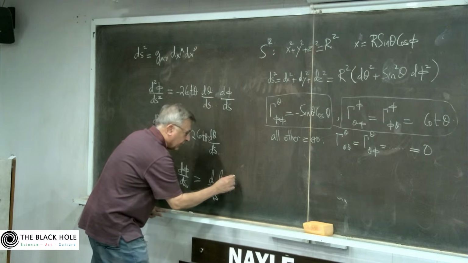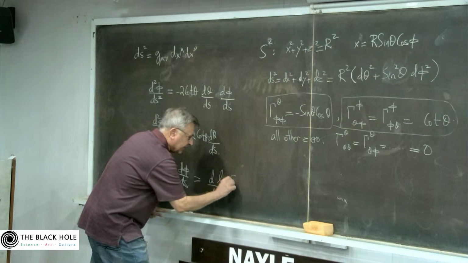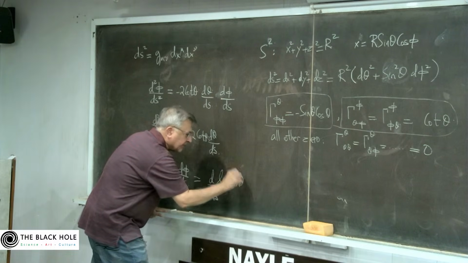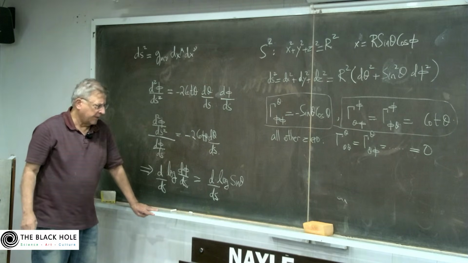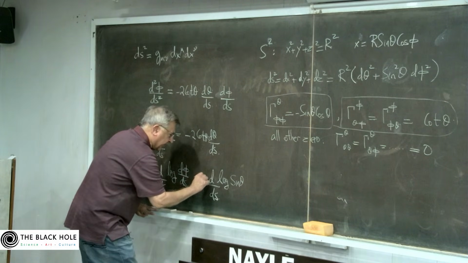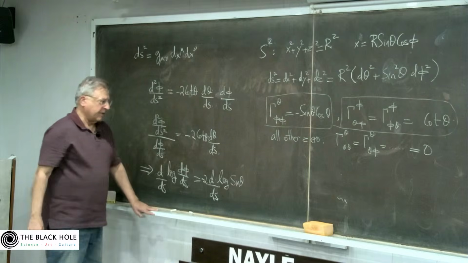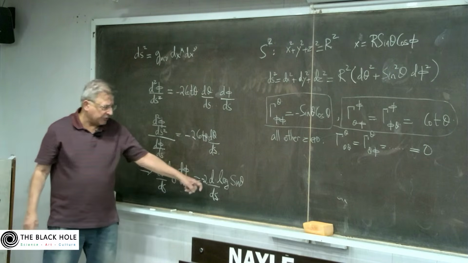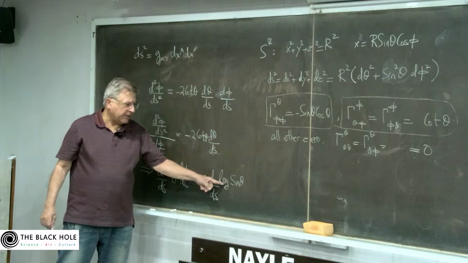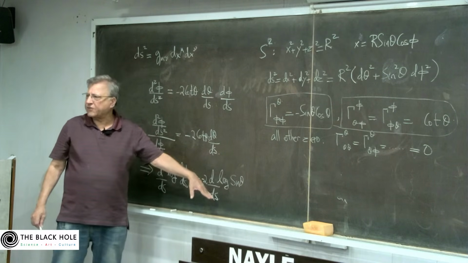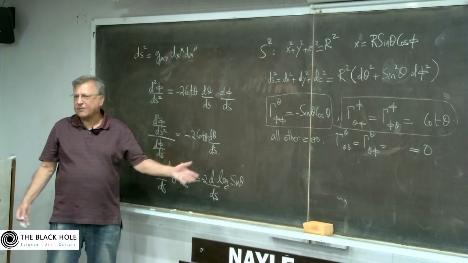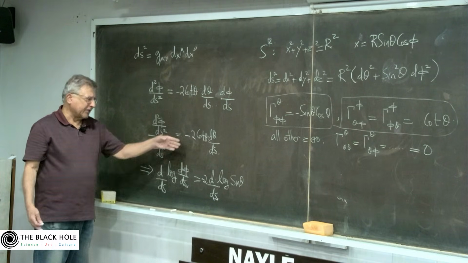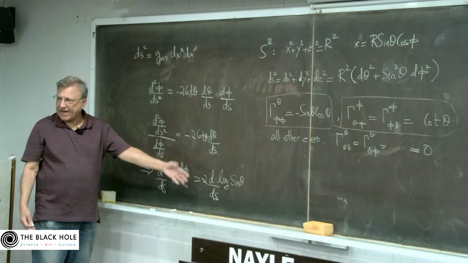Okay, so log of sine theta with minus 2 as the coefficient. Is this true? Because if you differentiate log of sine theta, you get 1 over sine theta, and differentiate sine theta, you get cos theta. So this is cot theta. So this is exactly that.